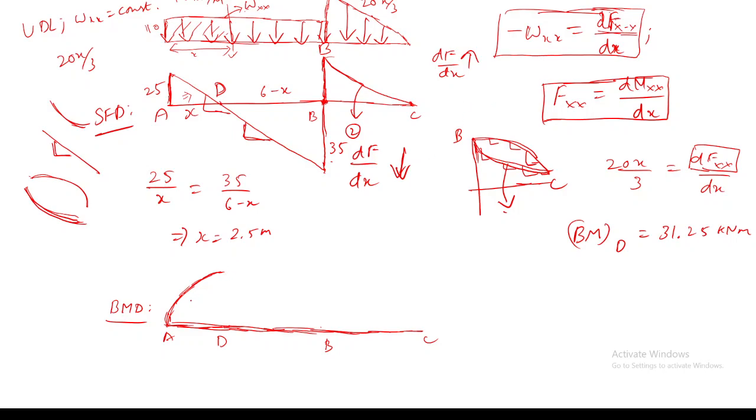Whereas here I have to connect it from, see, this is actually 31.25, right? And it is positive also. So I have to connect between A and D from here to here using a parabola. Either I should draw a curve like this, or a curve like this.